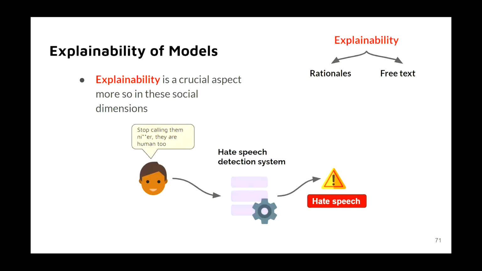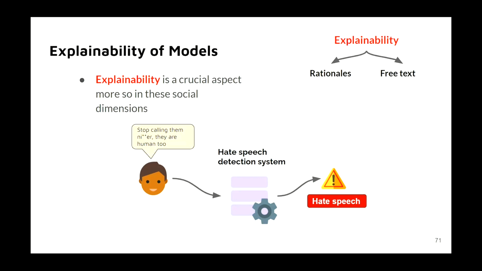Now, to understand these problems, one of the interesting phenomena required is explainability. Consider this example here where they are saying that stop calling someone, they'll get rewards. And unfortunately, this statement is actually captured as hate speech. But without an explanation, we cannot know why this is happening.